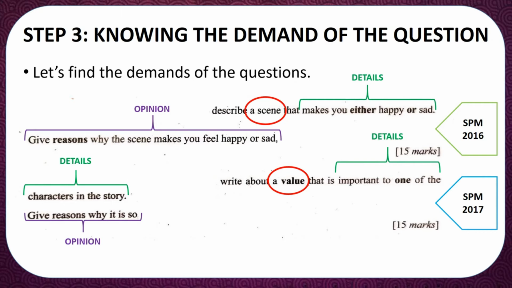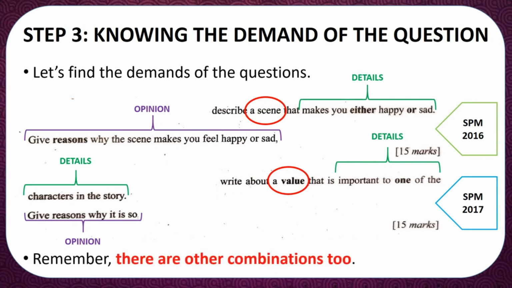Kenapa value tu penting untuk watak tersebut. That is opinion. So you need to remember there are other combinations too. As I mentioned earlier, it can be details and consequences, consequences and opinion, without any details, or combination of all 3. That is possible.